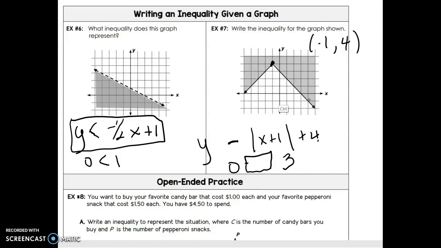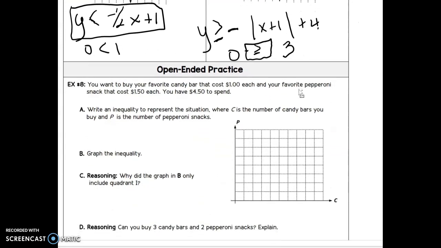Now, is 0 an actual solution? No, it's not. So therefore, this cannot be a true statement. So you would want to write it in terms of a false statement. So 0 greater than or equal to 3. That's false. And that's what we want. It's a closed dot, so it's equal to. This is your equation. All right.